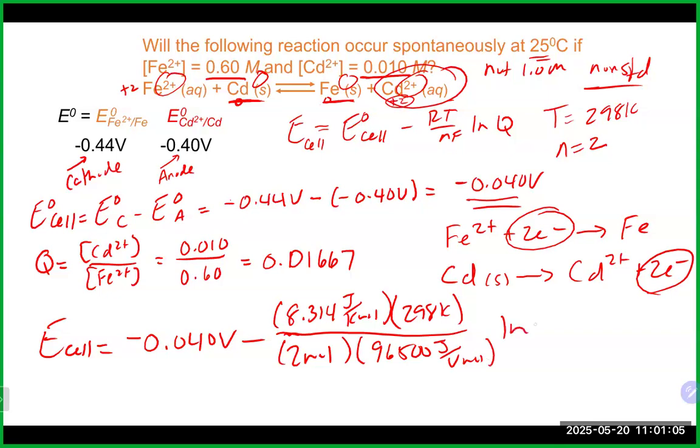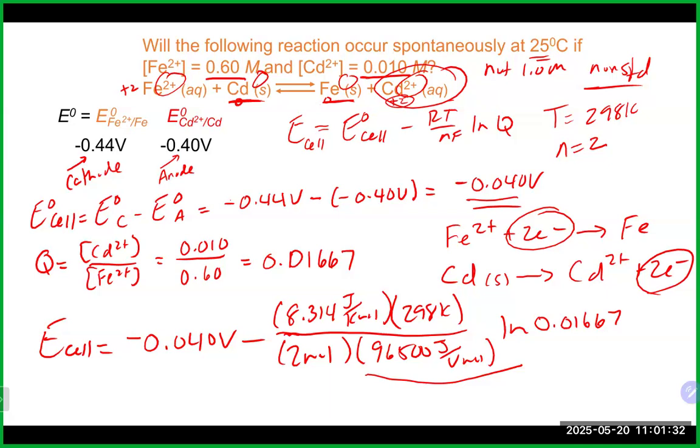And that's going to be our natural log of 0.01667. I'm going to clean up everything over here. I still have the unrounded number of Q in my calculator, so I'm going to take the natural log of it using the whole number, times 8.314 times 298, divided by 2 and divided by 96,500.